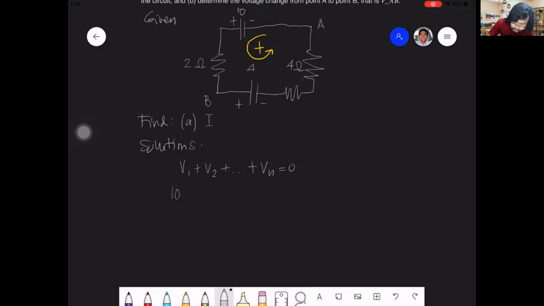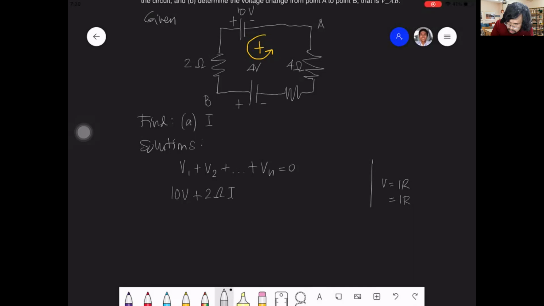It's V. So we have 10 volts plus 2 ohms times this is the current again. V equals IR. So we have the same I across all the elements. So it would only change with the resistor, therefore.